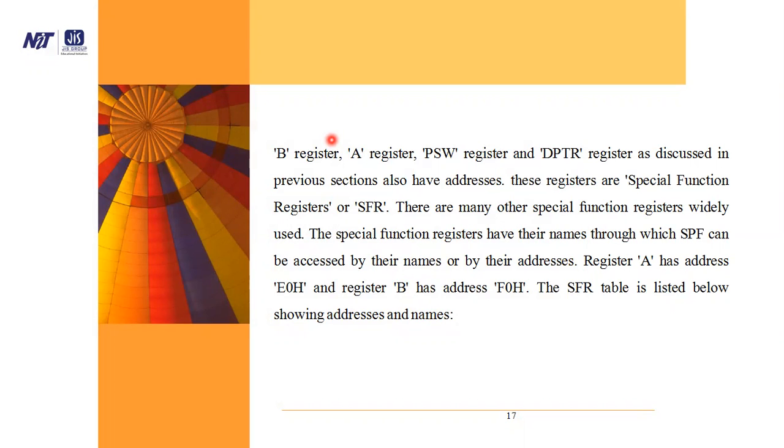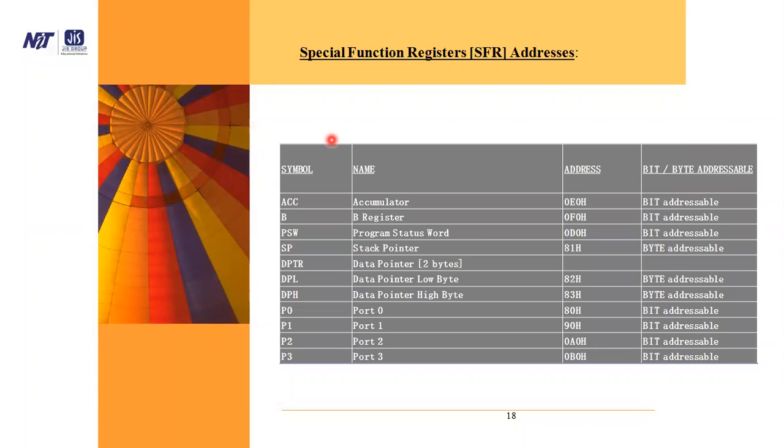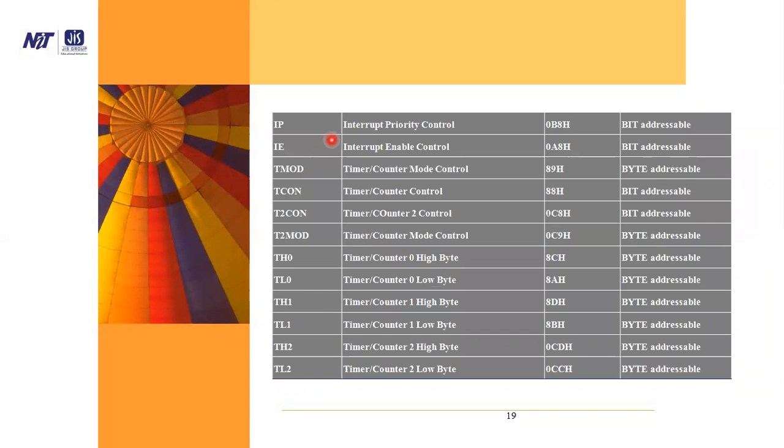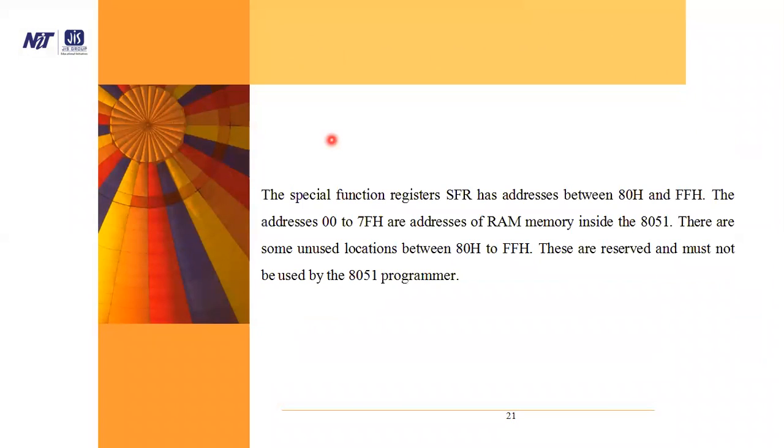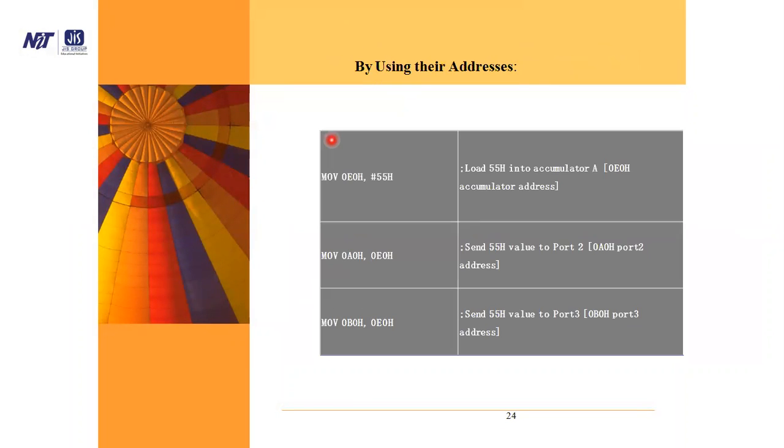Register A has address E0H, B is F0H. The SFR table is listed below. The accumulator address E0H is bit addressable, with the corresponding byte addressable. This table was already discussed earlier. The special function register addresses lie between 80H and FFH.